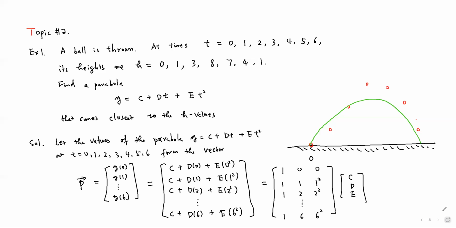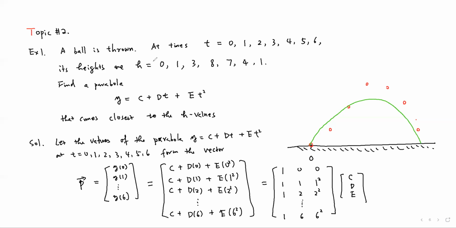Now let H be the vector formed by the given values. Let me put them together into a vector: 0, 1, 3, 8, 7, 4, 1.